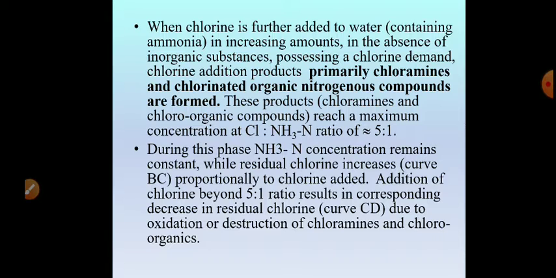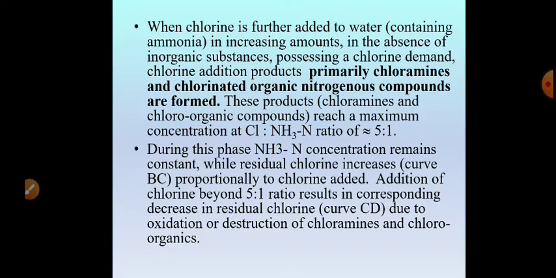Because initially whatever chlorine you add is utilized, now you go on adding chlorine because the water has a certain chlorine demand. So in increasing amounts you go on adding, and if ammonia and other organic compounds are present in water, what will happen? Chlorine addition products will be formed. What are they? Chloramines and chlorinated organic nitrogenous compounds.